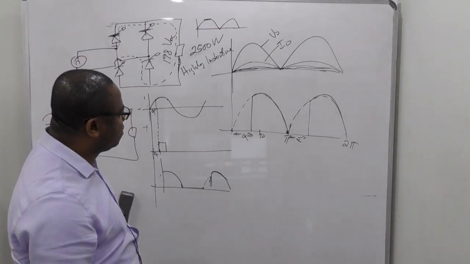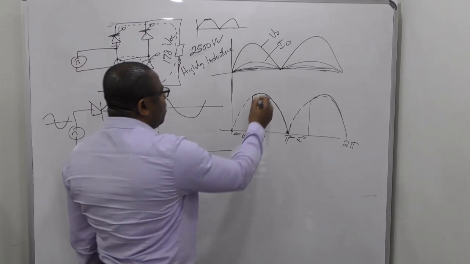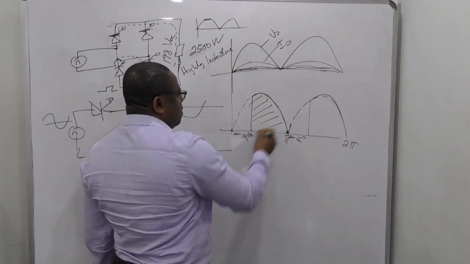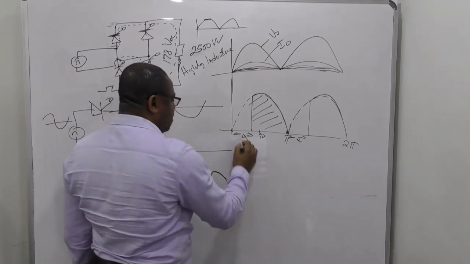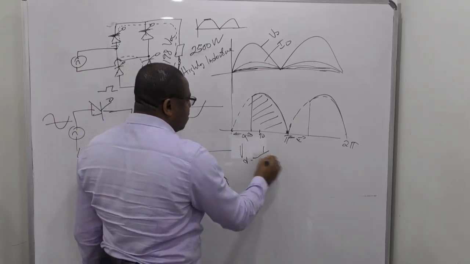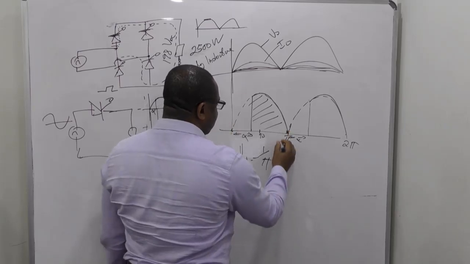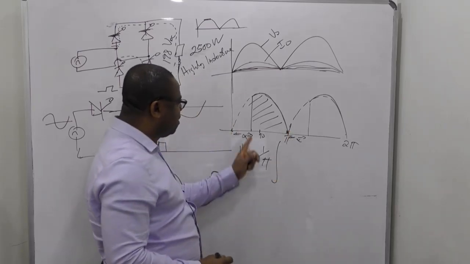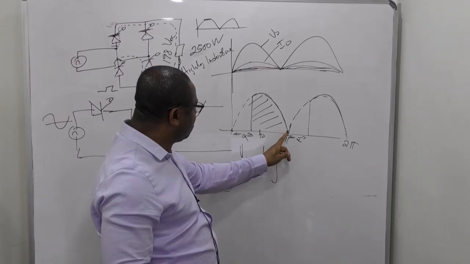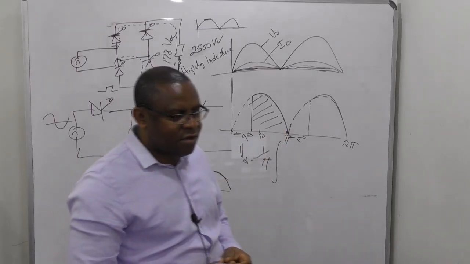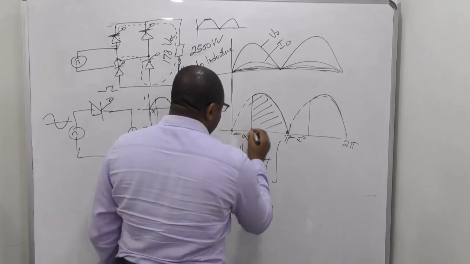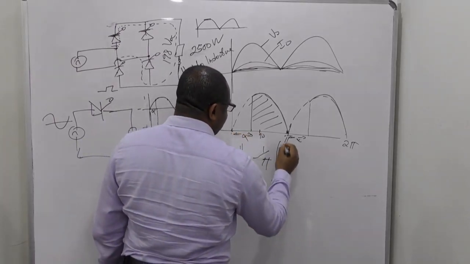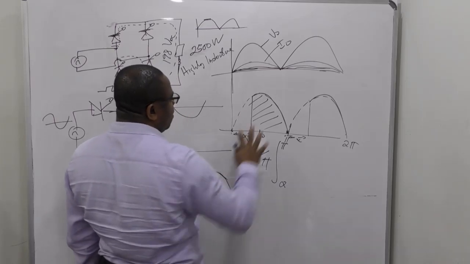You just follow the same thing that we did before. VDC is 1 over 2 pi, the integral, but in this case from alpha to pi of this waveform.